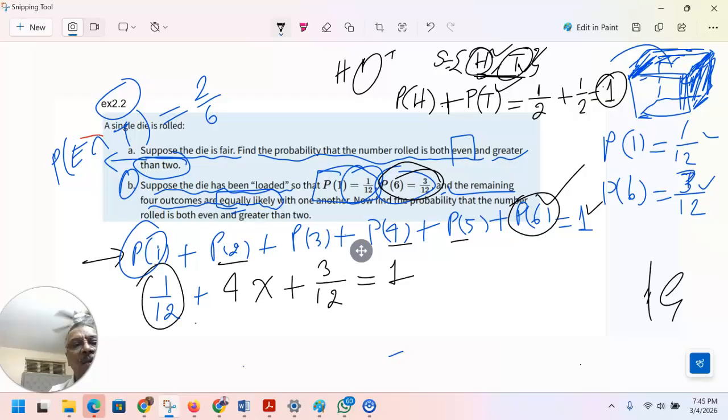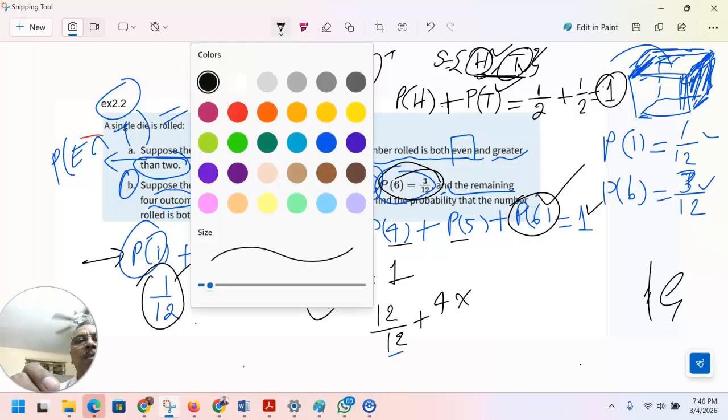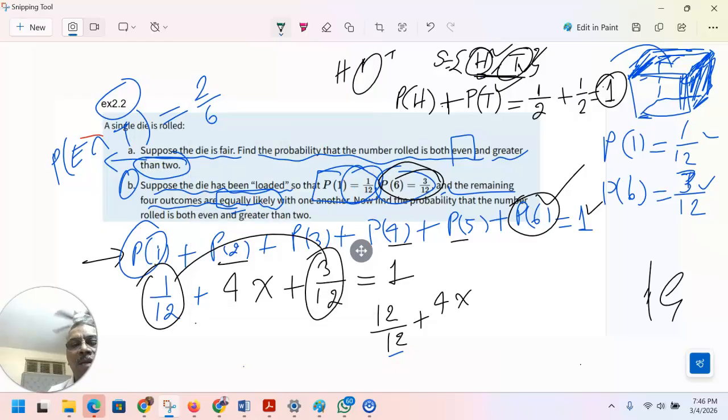Now this 1 over 12 and 3 over 12 together will be 4 over 12, so this will be 4 over 12 plus 4x equals 1.